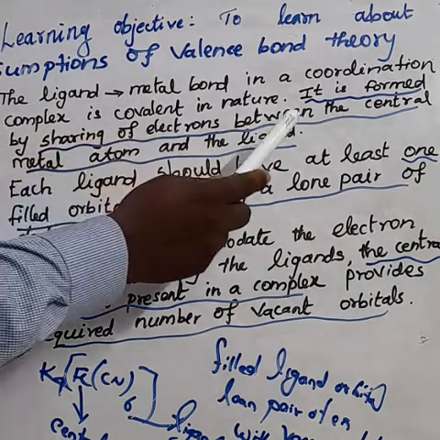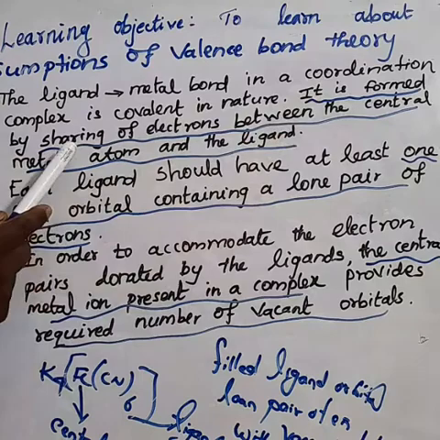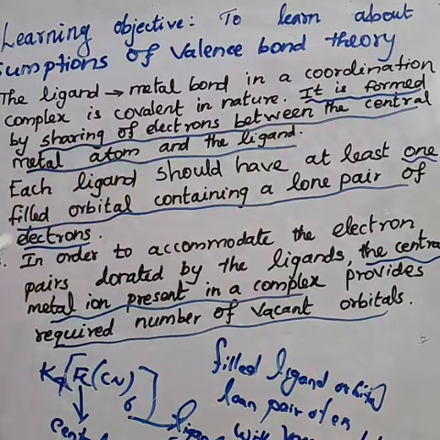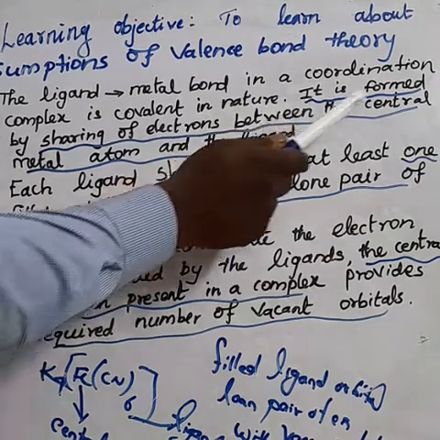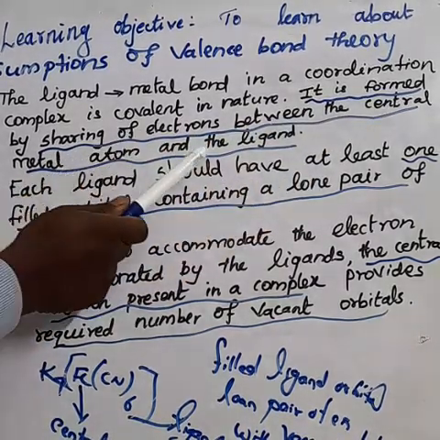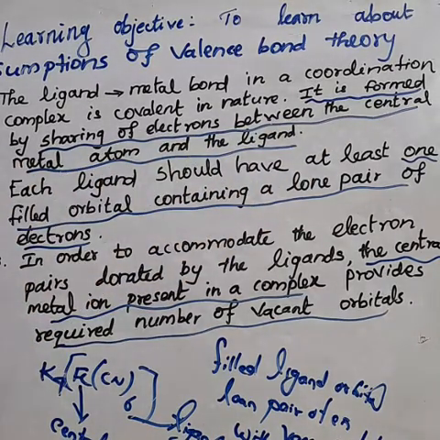One of the key points is that it is formed by sharing of electrons between the central metal atom and the ligand.